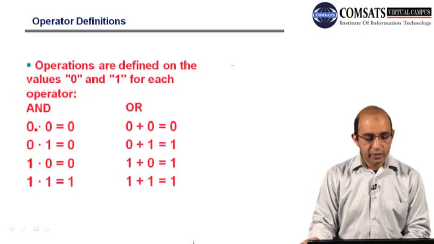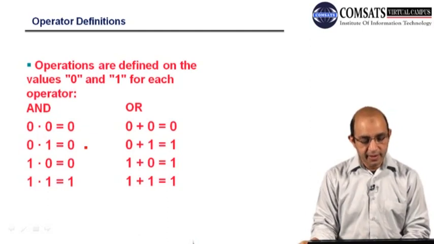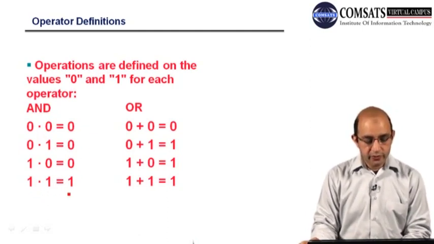If you have two variables, x and y, we can have 4 different combinations: 00, 01, 10, 11. Whenever one of the inputs is 0, you will get 0 as the result, and when we have both ones, we will get a 1. This is AND. Then we have the OR: 0 plus 0 is 0, 0 plus 1 is 1, 1 plus 0 is 1, and 1 plus 1 is 1.